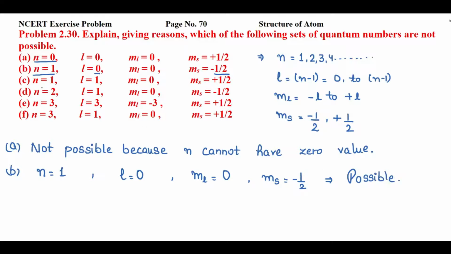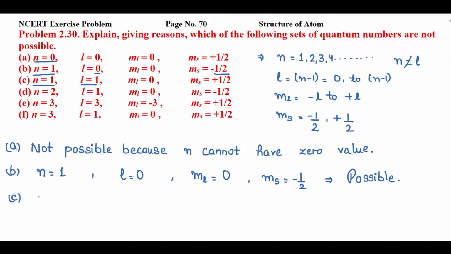Now let's see the third one. In this case, n equal to 1 and l equal to 1. Now it is very much clear from this condition that n is always greater than l. l cannot be equal to the value of n. So this set of quantum numbers cannot exist.